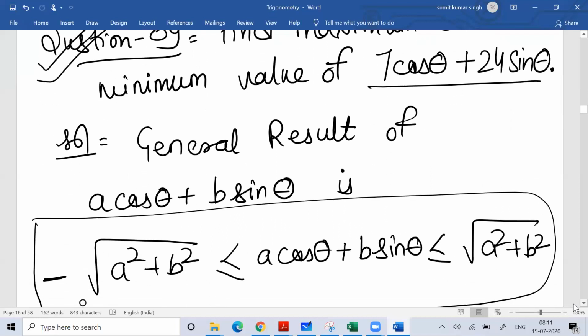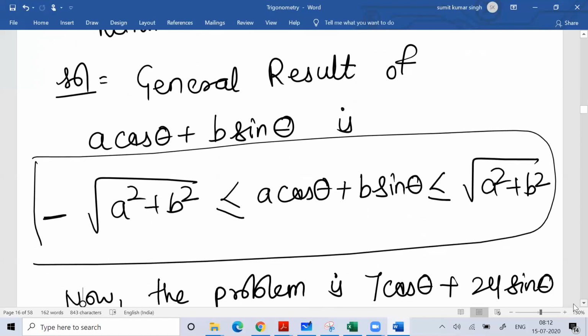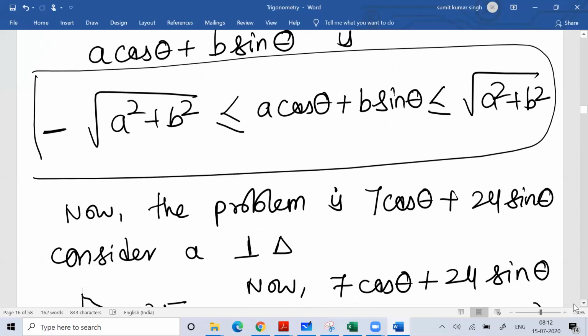The values range from minus root of A square plus B square to plus root of A square plus B square. So with that you can easily find the answer.